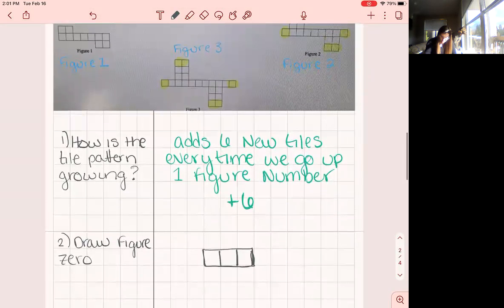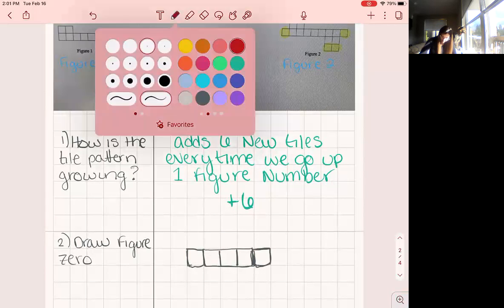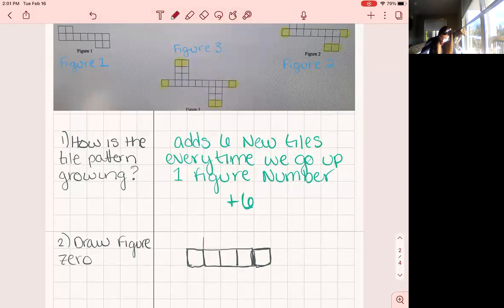So I think for this one, what I would draw is just 5 straight across, because the tiles we got rid of from the previous figure, oops, I did that one backwards, so from the previous one, we got rid of those tiles in red.